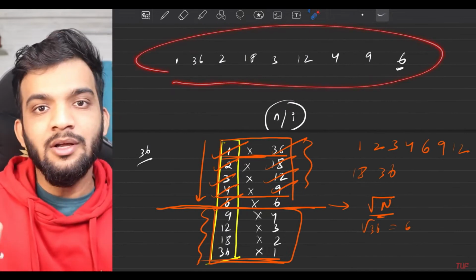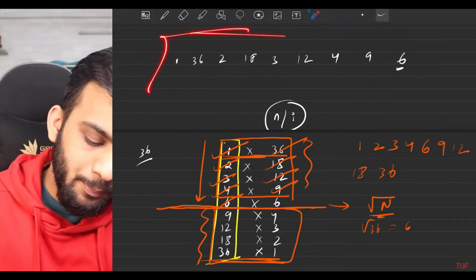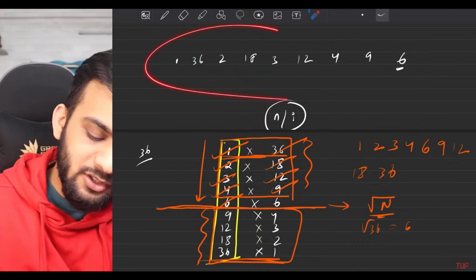So all the factors are printed, but they are not printed in a sorted way.